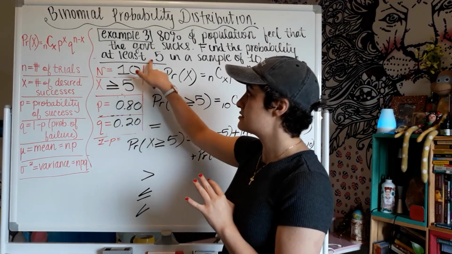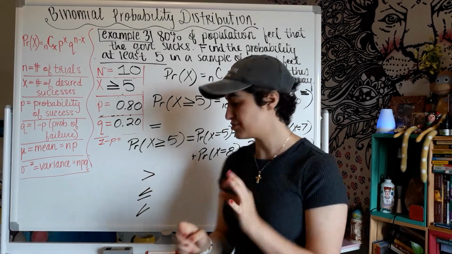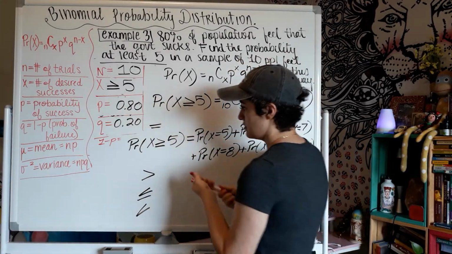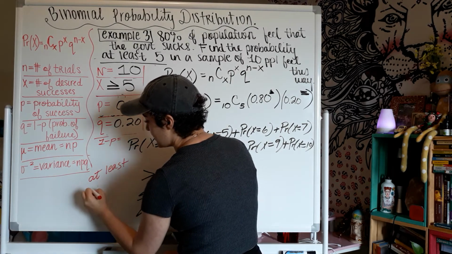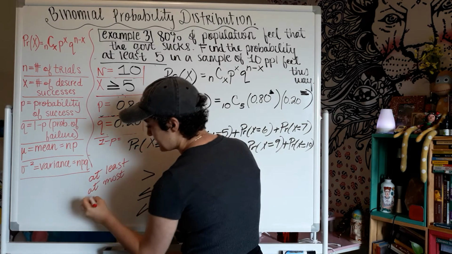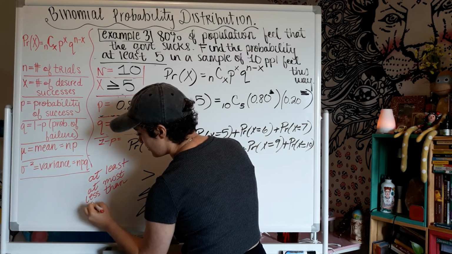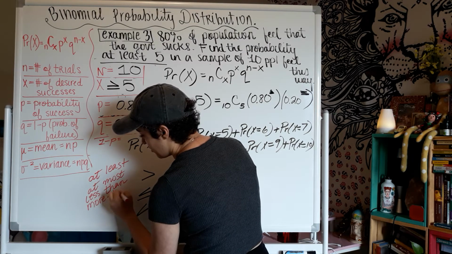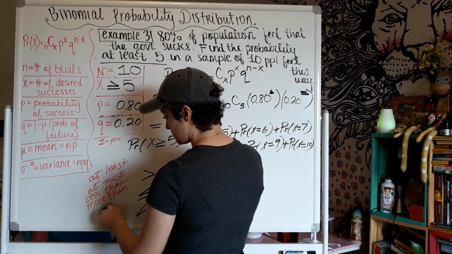So when it says at least 5, or at most, or exactly, those are keywords: at least, at most, less than, more than, and then equal. Oh, exactly. Exactly.